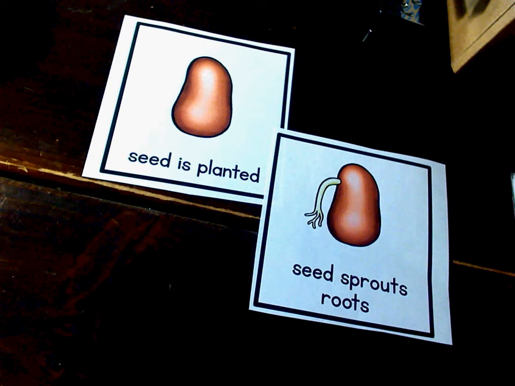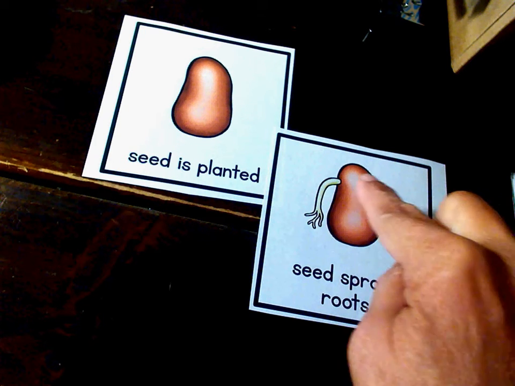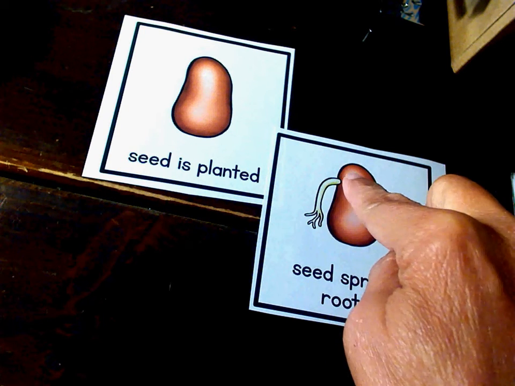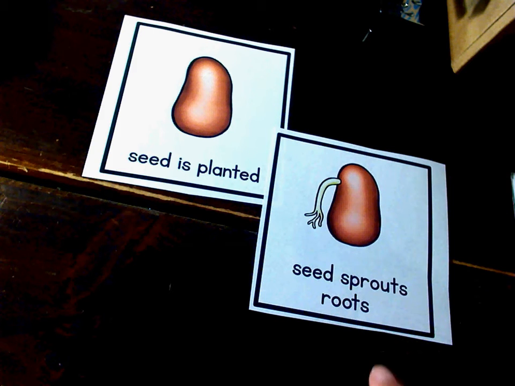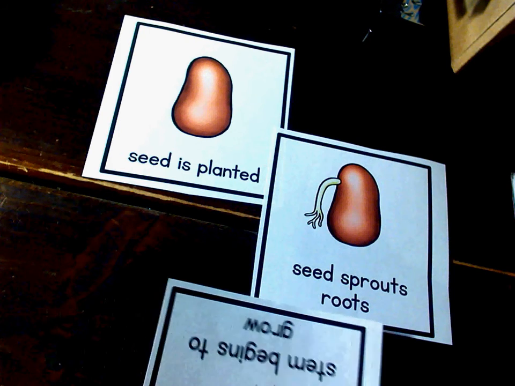And if you remember, boys and girls, the roots is what anchors that plant to the ground so that it can grow and it doesn't fall over or blow away. So first thing that happens is the seeds are going to sprout down into the earth and stay still and firm. Well, the next thing that's going to happen is the stem is going to grow.